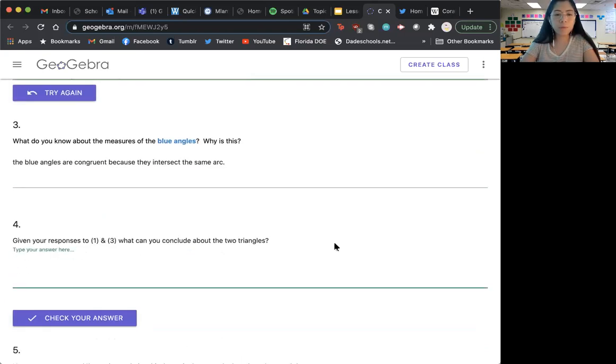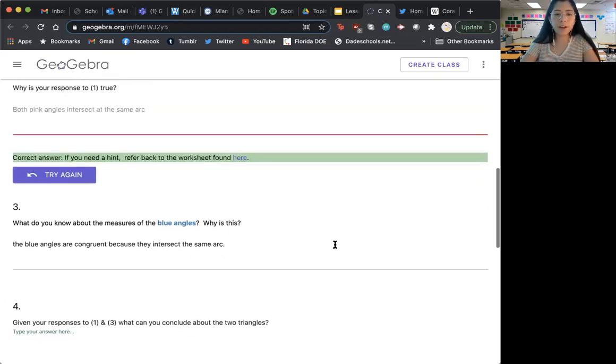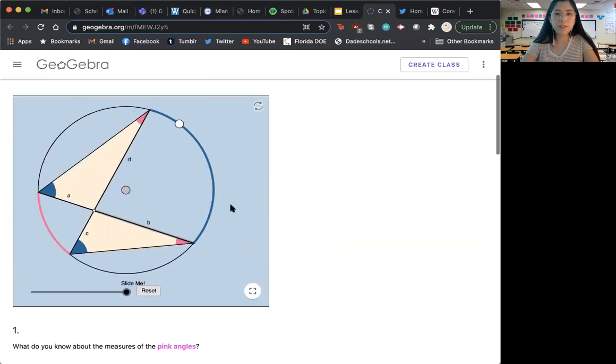Okay, so what can we conclude about the two triangles? They have two pairs of congruent angles. So what do we know about them?